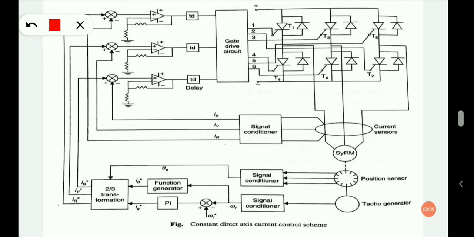The position sensor and signal conditioner provide the speed signal omega r and the position signal theta e.